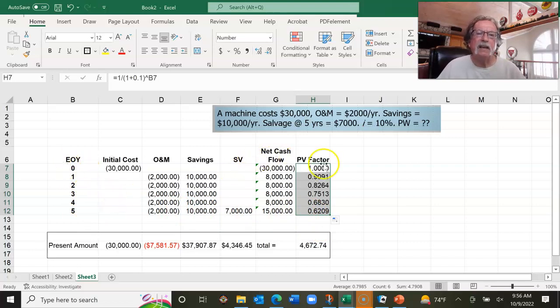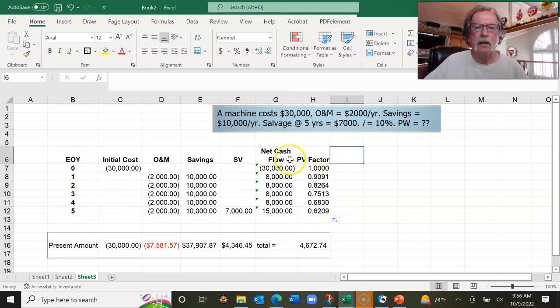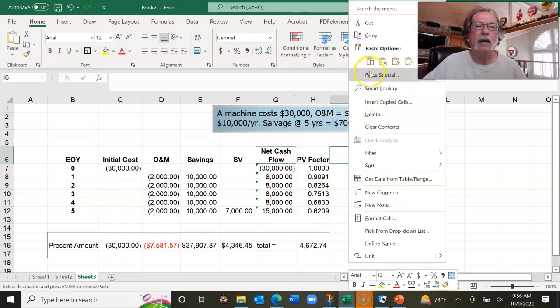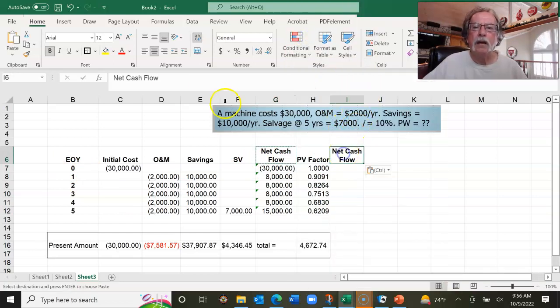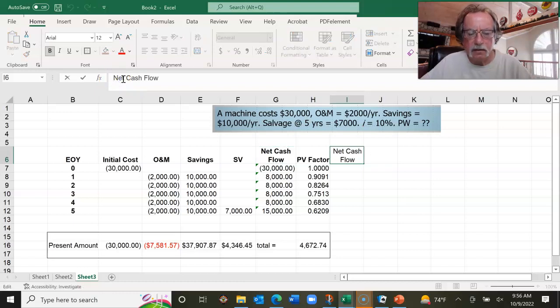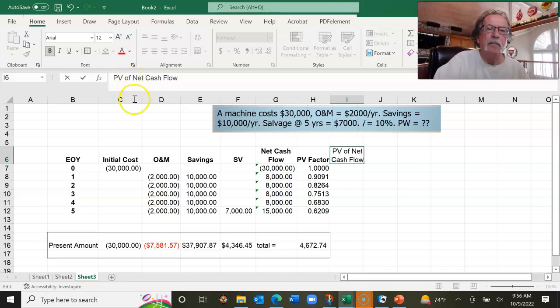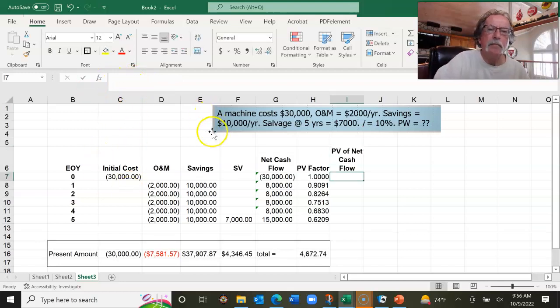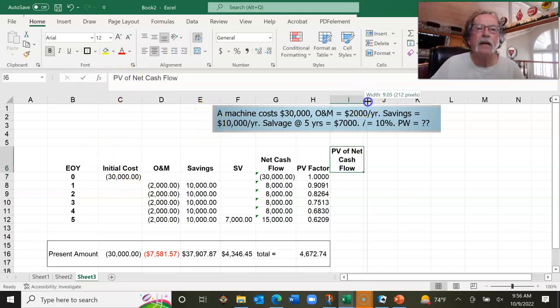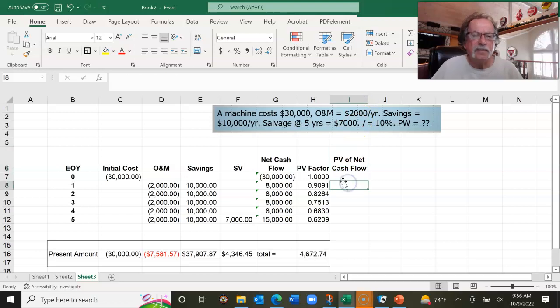So now we can calculate the present value of the net cash flow. And this is P equals F times 1 plus i to the negative n.